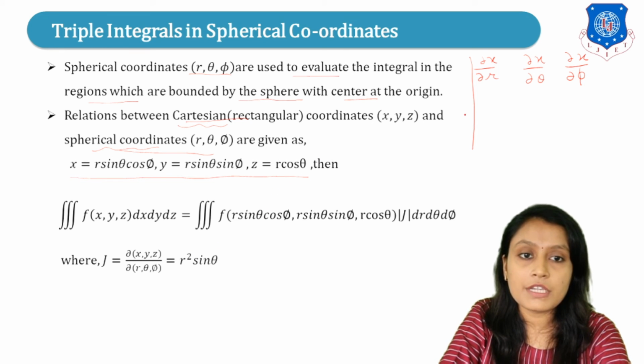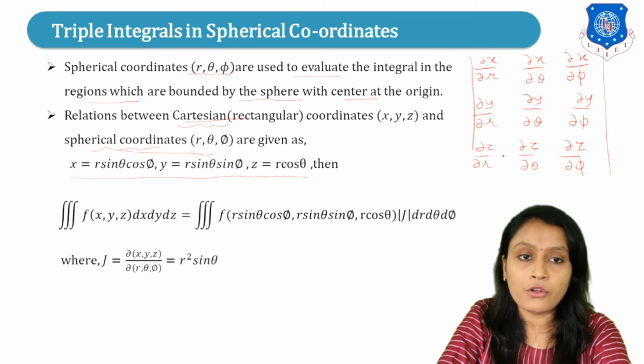Okay, now we will differentiate y. So del y by del r, then del y by del theta, del y by del phi. And for z you will get del z by del r, del z by del theta and del z by del phi.